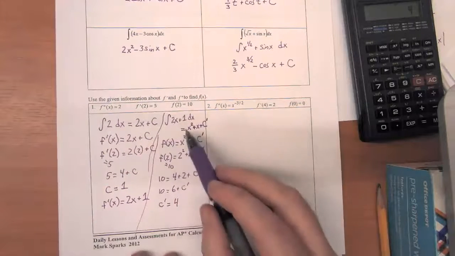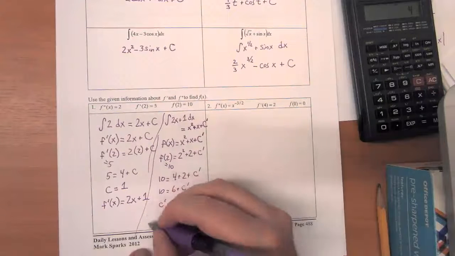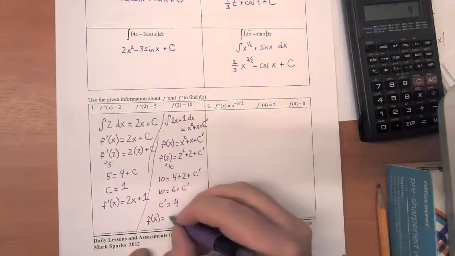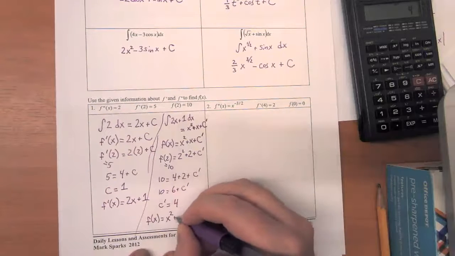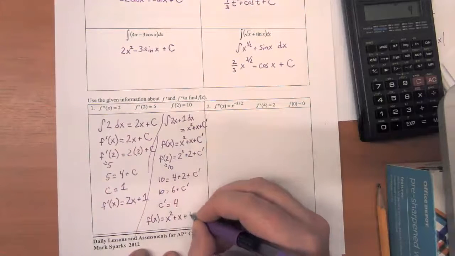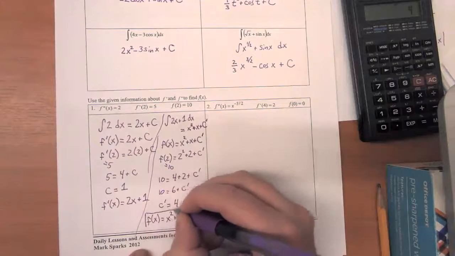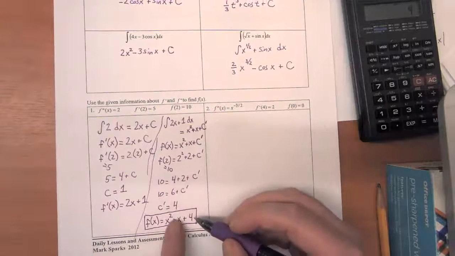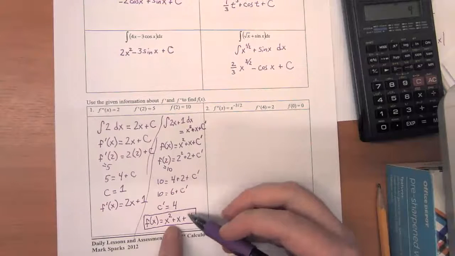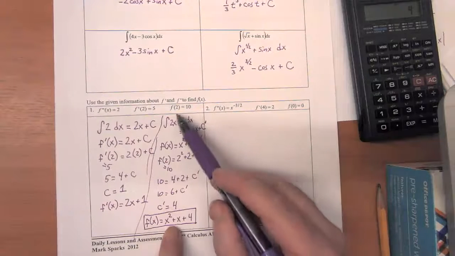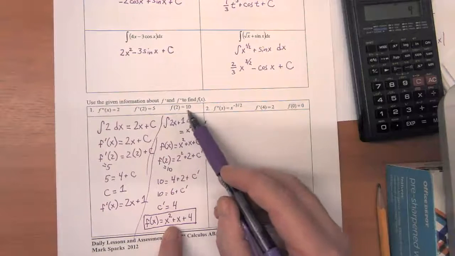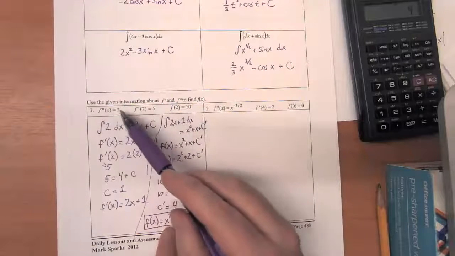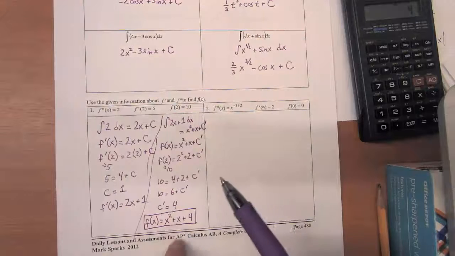And so putting that back into our equation up here, we have as our final answer that f of x is equal to x squared plus x plus 4. So what we have just identified is the one and only one function whose value at 2 is equal to 10, whose first derivative at 2 is equal to 5, and whose second derivative is equal to 2 everywhere.